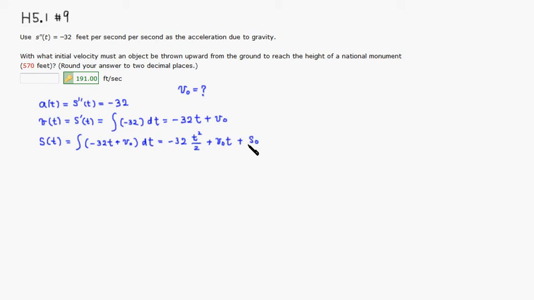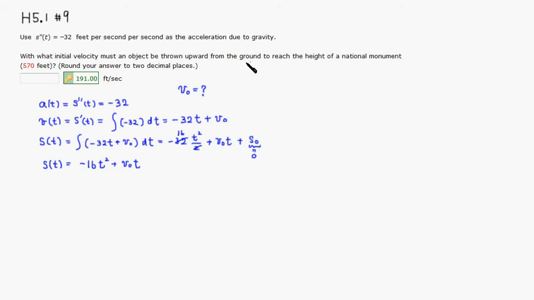So we know s of t has this formula. Cleaning up a bit, the 2 and the 32 cancel to 16, so it's going to be negative 16t squared plus v0t.